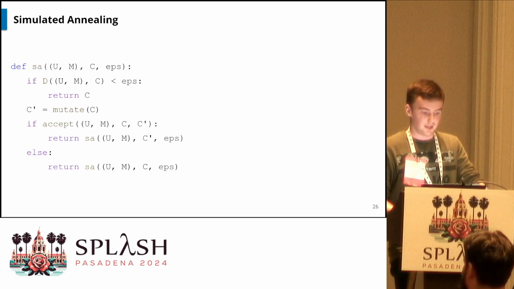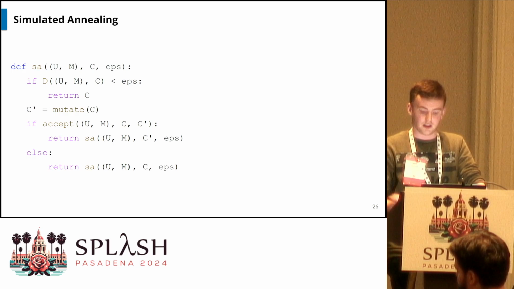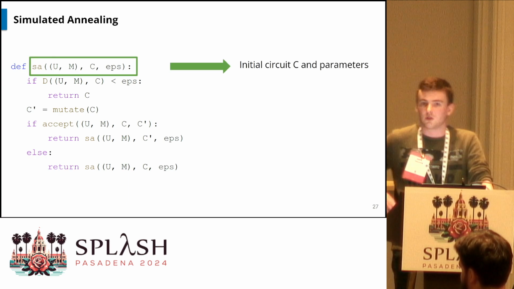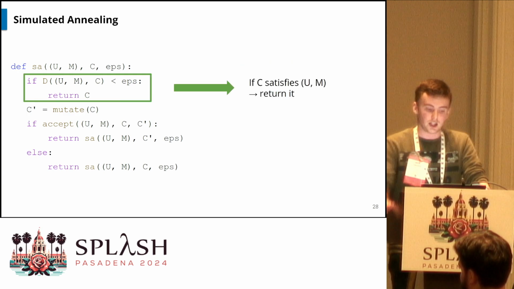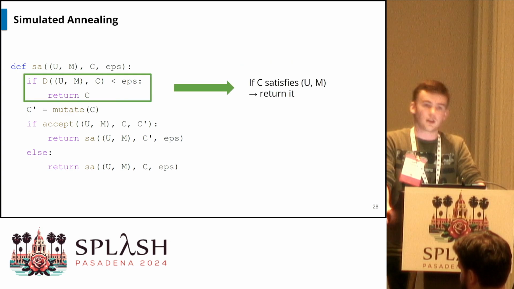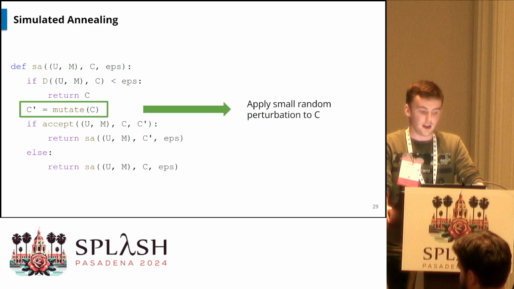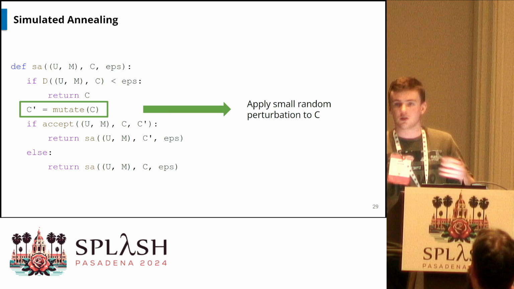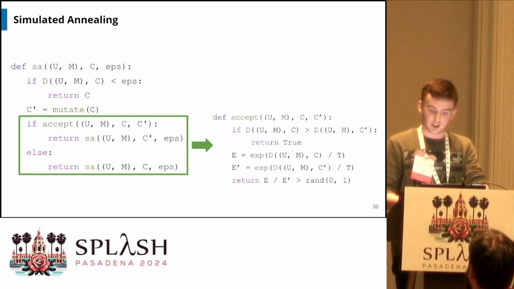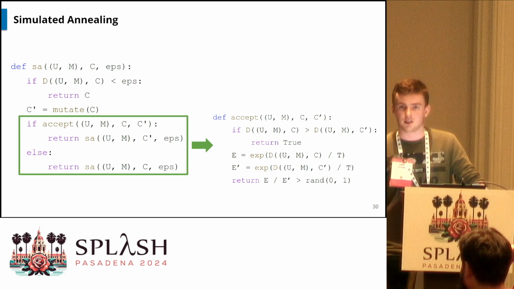So what does this mean? Here I've written a very simple implementation of simulated annealing. You first have some initial circuit C and some parameters, our epsilon and our specification. You check if your distance is smaller than epsilon. If so, you found your implementation. If not, you mutate your circuit, and then you probabilistically accept your new circuit or not. You definitely accept it if your distance becomes smaller, because that means you're getting closer.